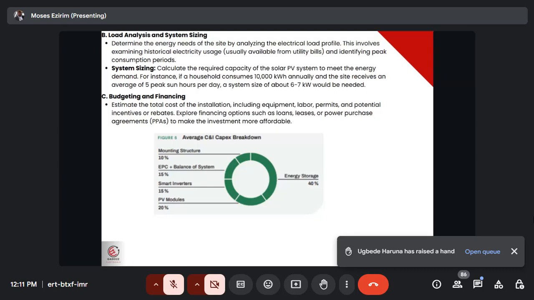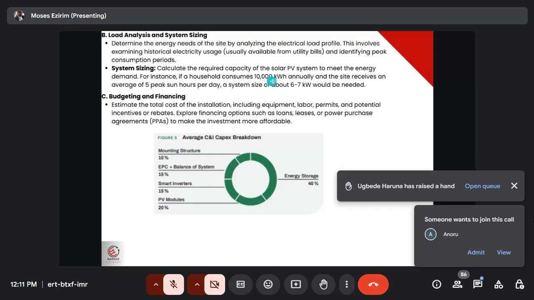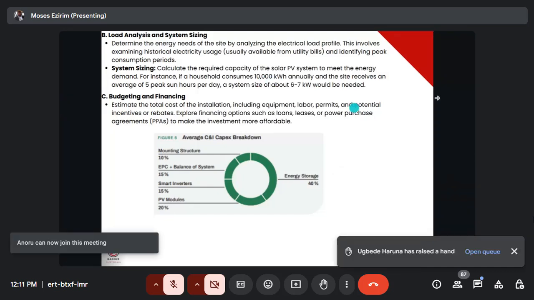Now, this is the system size. You calculate the required capacity of the solar PV system to meet the energy demand. This is just a glimpse of how you size your solar capacity. For example, if the energy of a household annually is 10,000 kilowatt hours, and the site receives an average of 5 peak sun hours per day, this is what your system will be.